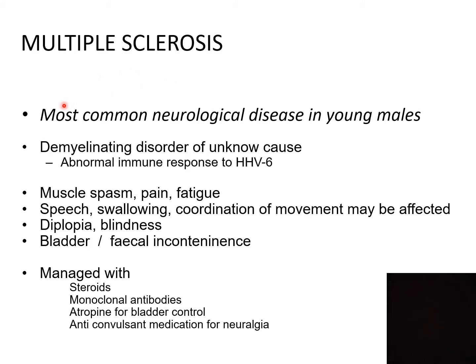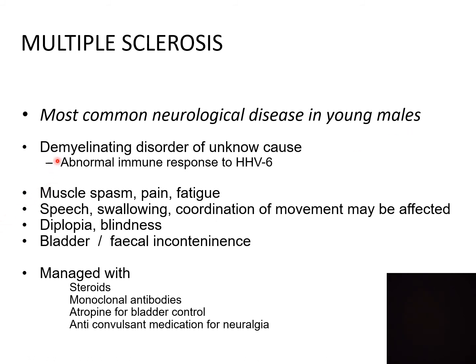Multiple sclerosis is one of the most common neurological diseases in young males, and 4 to 6% of patients with multiple sclerosis may present with features of trigeminal neuralgia. So if trigeminal neuralgia is picked up in young people, which is otherwise quite rare in young people, it is important for these people to be investigated for multiple sclerosis because it can have several complications, and early recognition of multiple sclerosis is important.